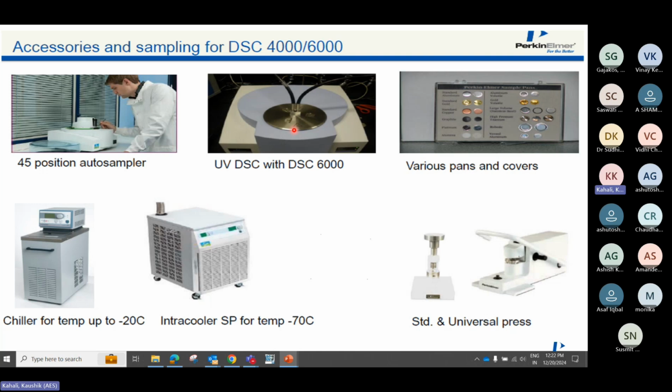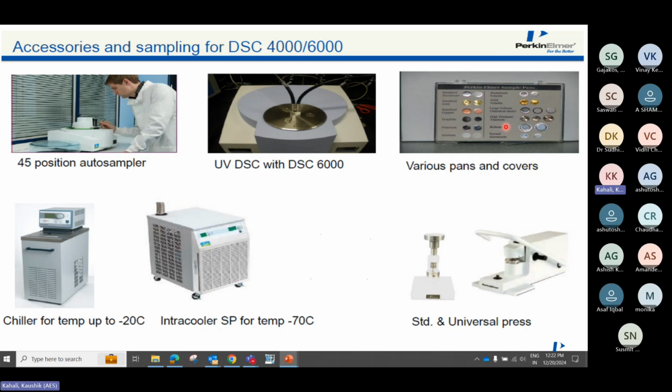We have an option of different pans and covers. Presently, you are using, I think, the standard pan, and a robotic universal pan with high pressure, 50 microliter. Apart from that, other kinds of pans like copper pan, stainless steel pan, and even ceramic pans, which are reusable, can also be used.